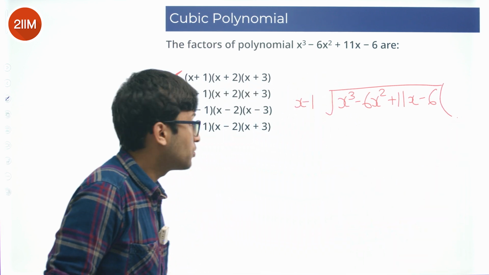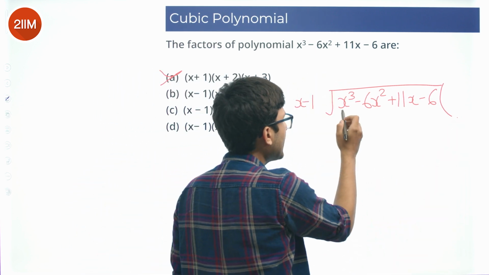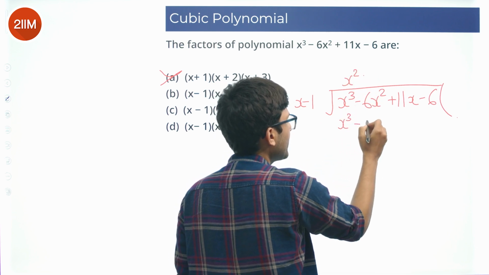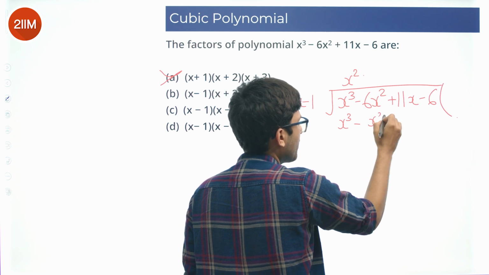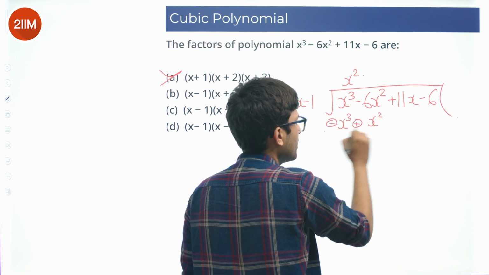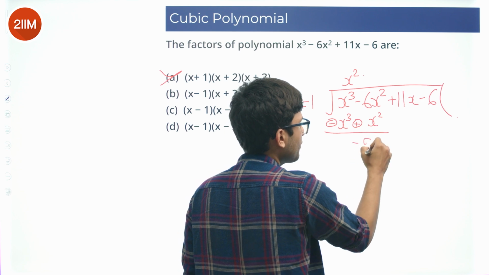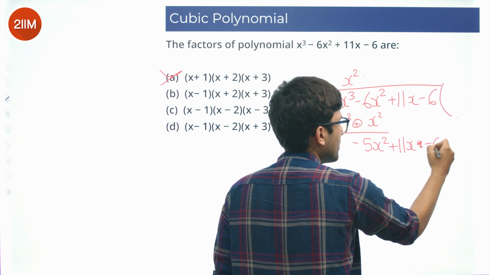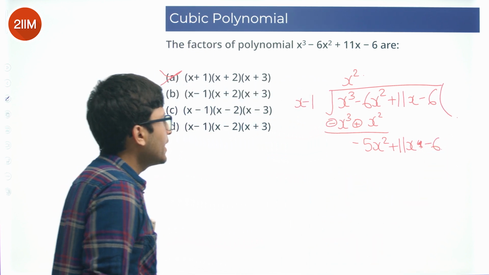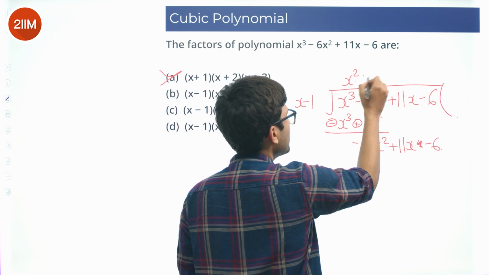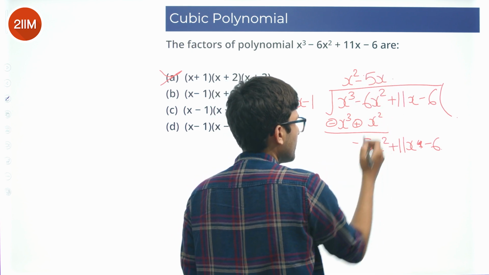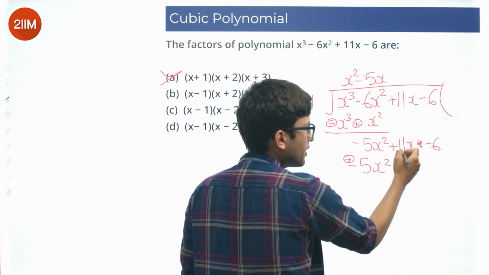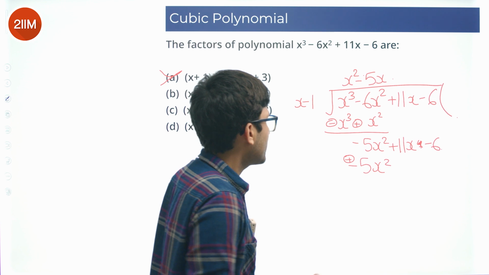Let us find out the other two. So let us divide. If I multiply it by x square, I would be getting x cube minus x square, this minus and this plus. So this would turn out to be minus 5x square plus 11x minus 6. Next step, what I need is minus 5x, so this would turn out to be minus 5x square, and here the value would turn out to be 5x.